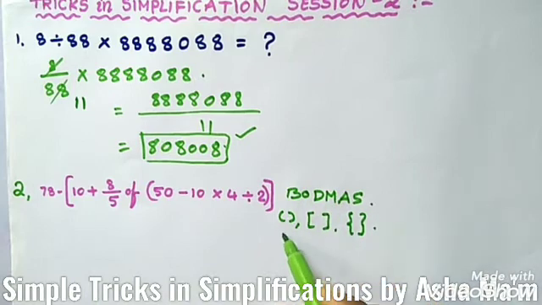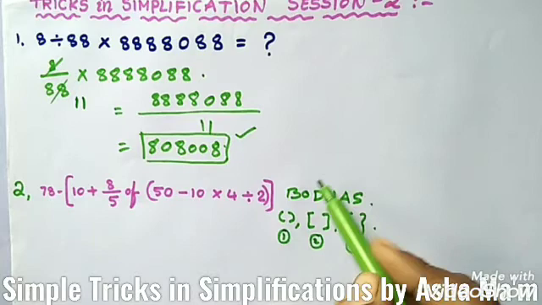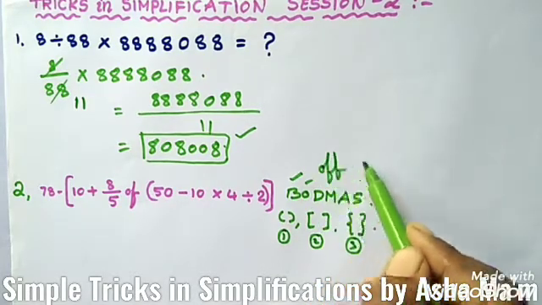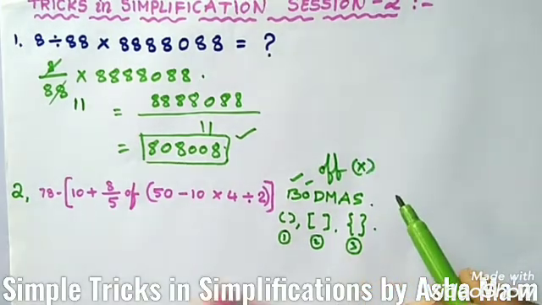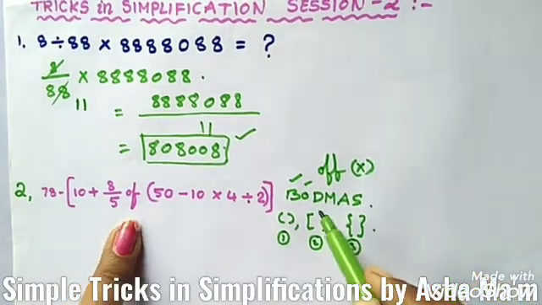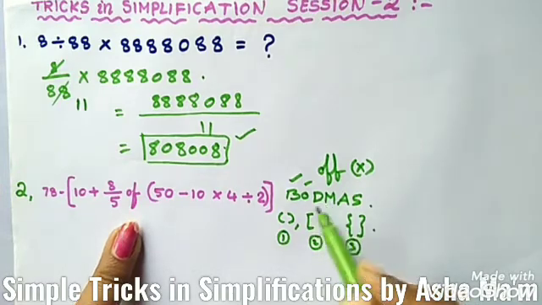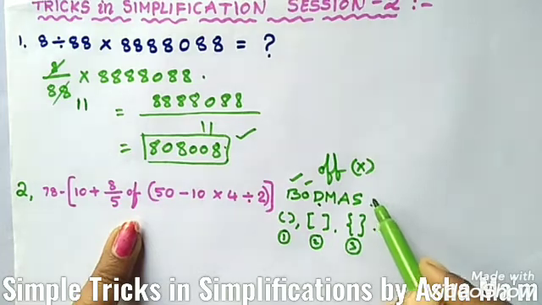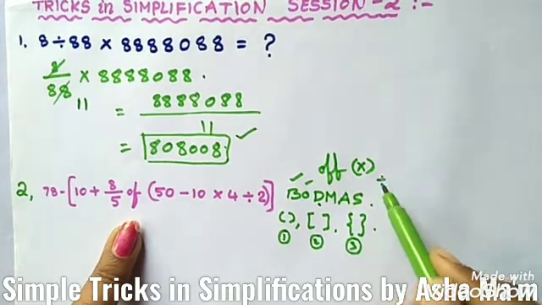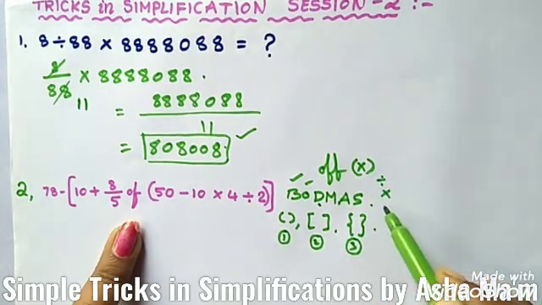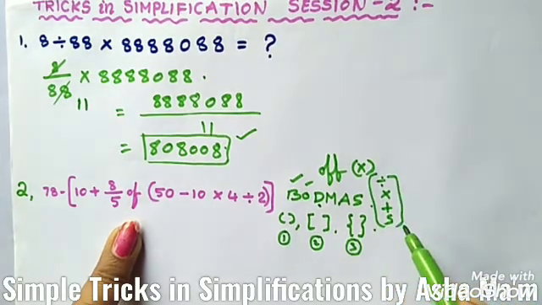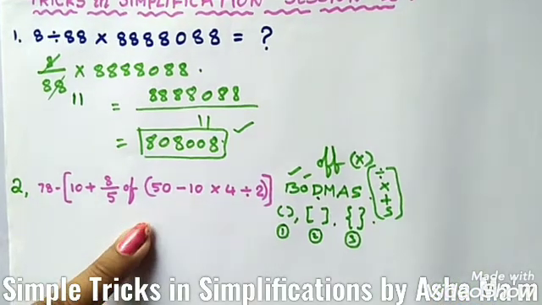You have to give first priority to the brackets. Second is Of. Of means nothing but multiplication. Then after that, first division followed by multiplication followed by addition followed by subtraction. So this is the BODMAS rule you have to follow to solve this question.